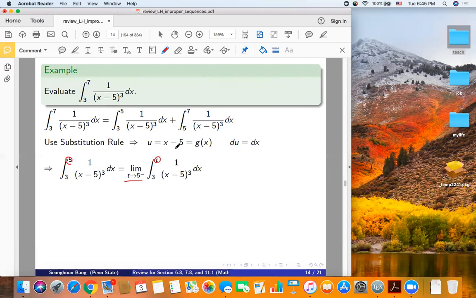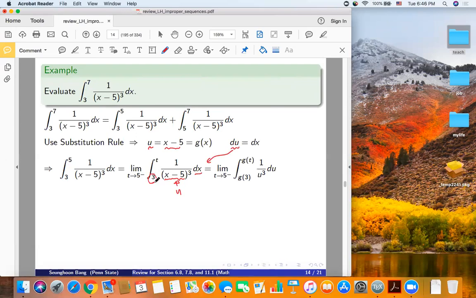The next, use u substitution. So we have this result because you can replace x minus 5 with u. You plug u into here. The next one, you can change dx to du.